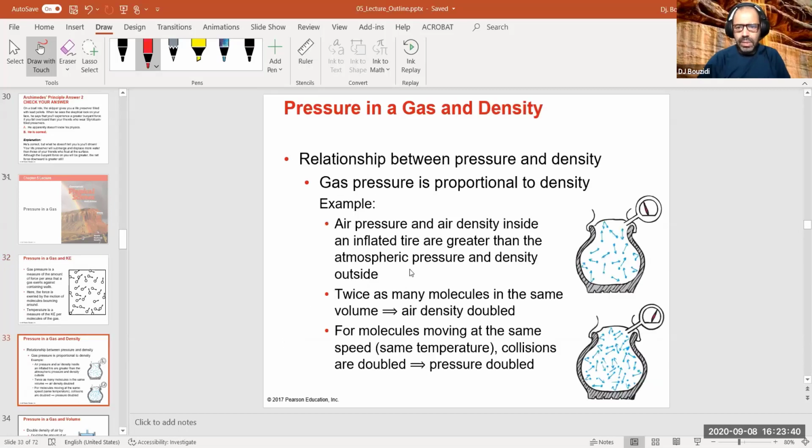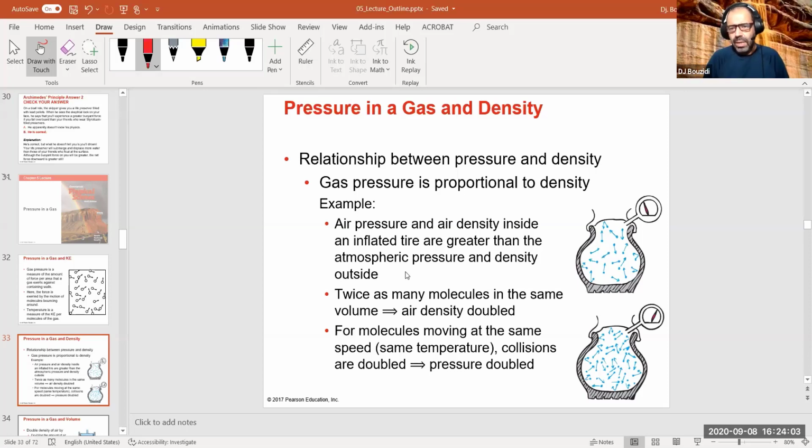Again, the density here, well, there is some good news and some bad news when your tire goes flat. The good news is, and I know you say that the tire is flat, it has no pressure. Actually, it has pressure. So the good news is it still has pressure, and that is because of the atmospheric pressure. But the bad news, of course, is that it does not have additional pressure to that. Otherwise, the tire is flat and is not going to move.